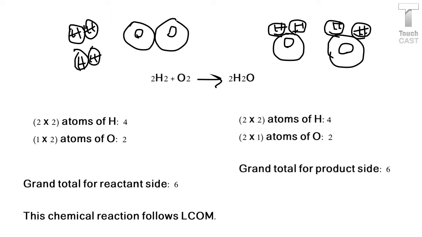I do the exact same thing on the right side, 2 atoms of hydrogen times 2, and then 2 atoms of oxygen times 1 coefficient to give me 2. I find that I have a total of 6 atoms on the left for my reactants and 6 atoms on the right for my products. So I would say that this chemical reaction follows LCOM, and that's a wrap.